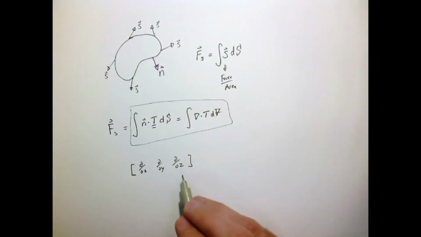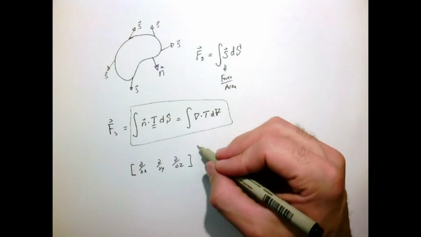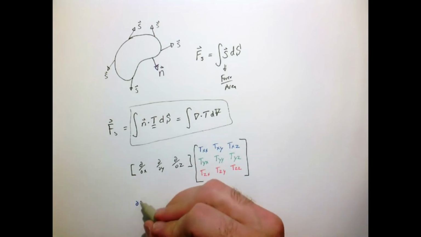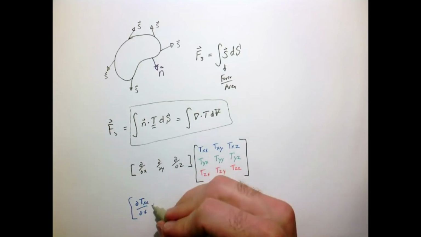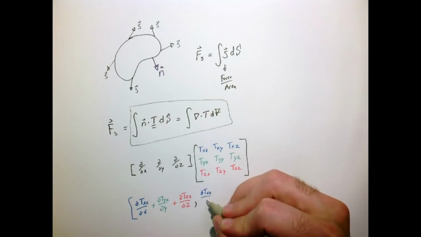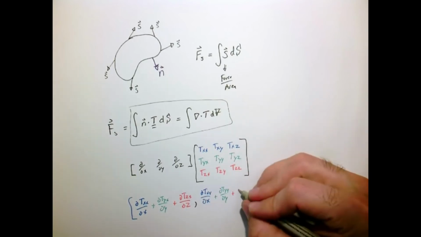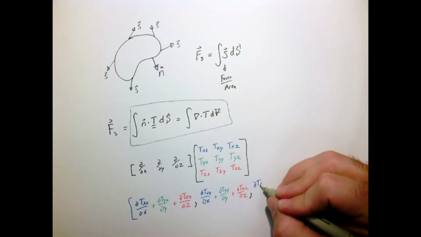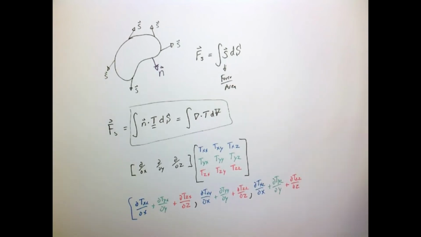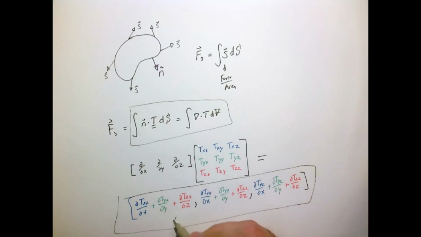So I'll write out the x, y, and z components of my del operator, and if I simply do my vector matrix operation, I obtain the following vector that has x, y, and z components.